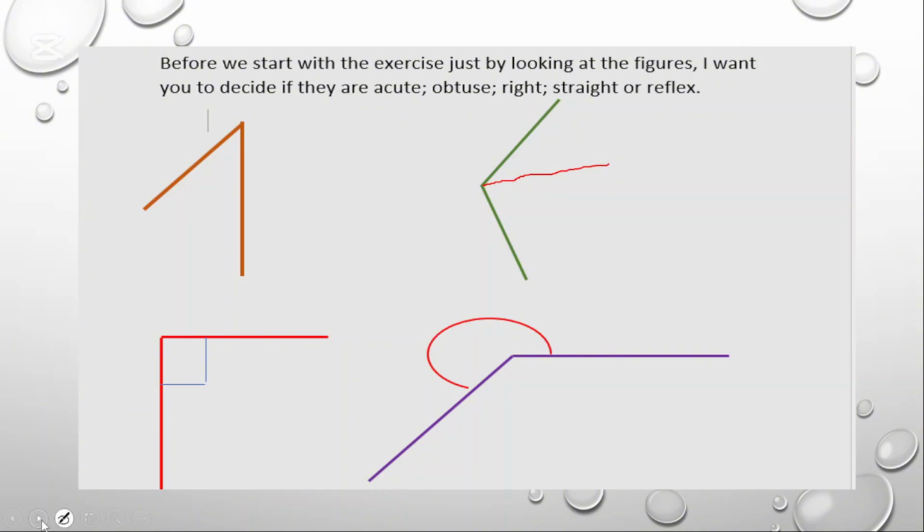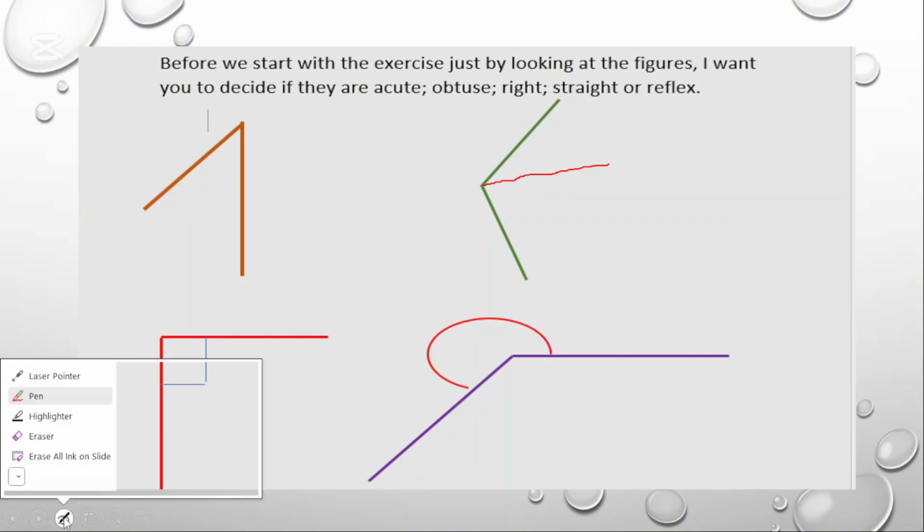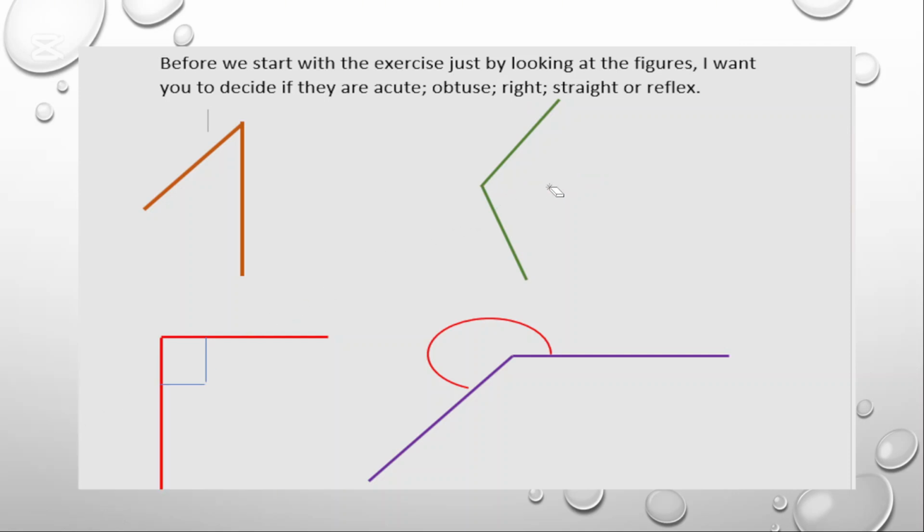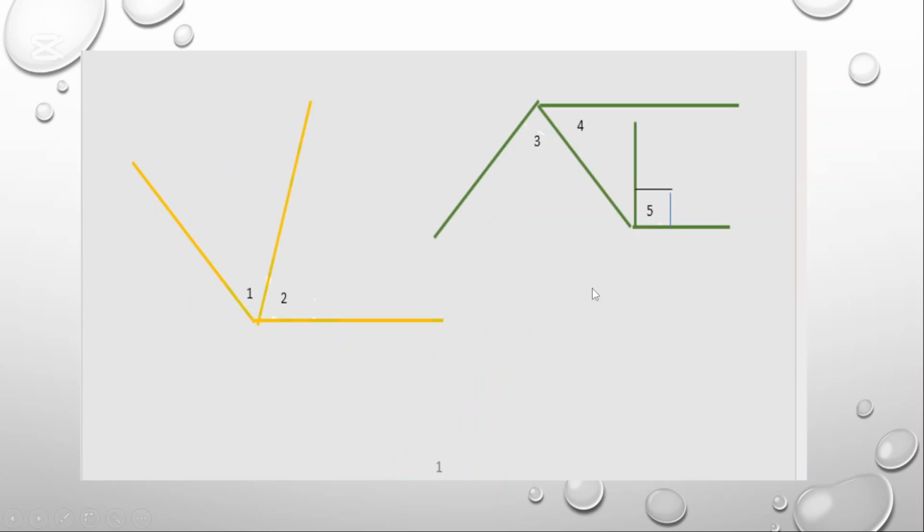So that will be our obtuse angle, right? This one here, immediately you can see it is a 90 degree angle. So we call that a right angle. That is our internal part of the angle, and the external part will be the reflex angle.